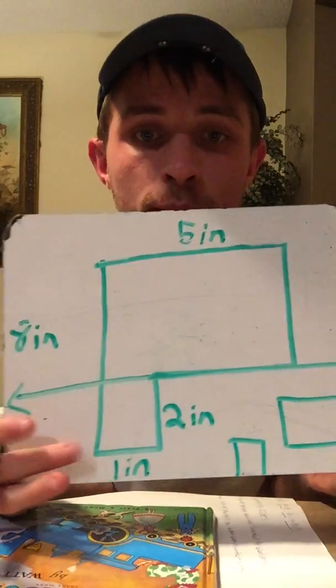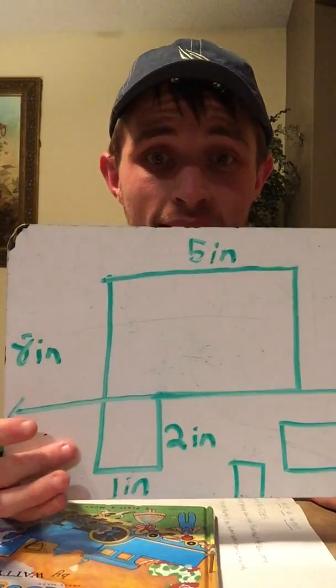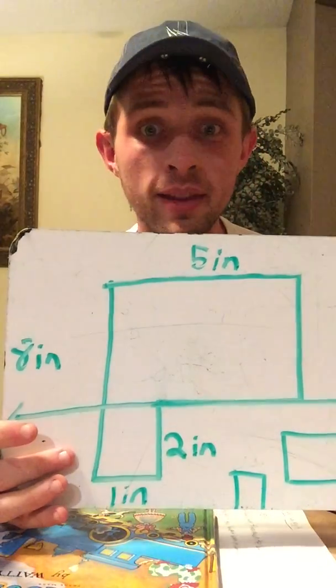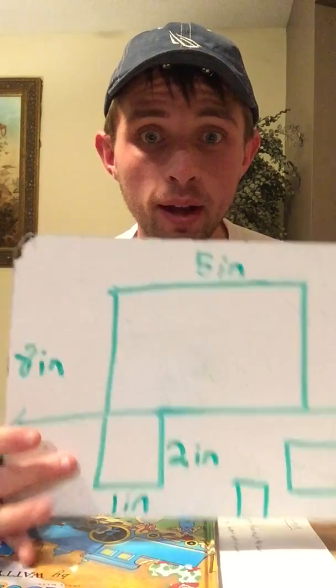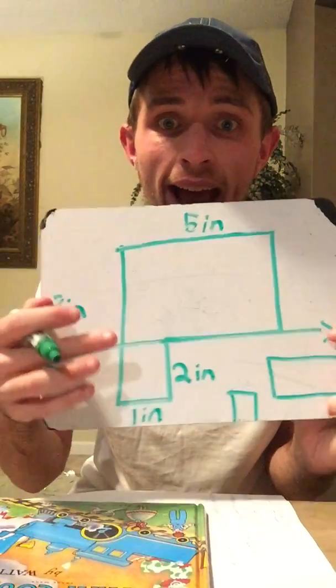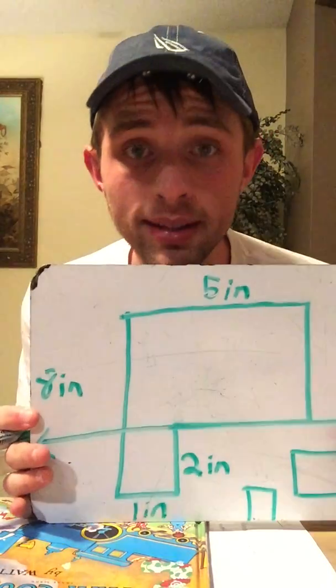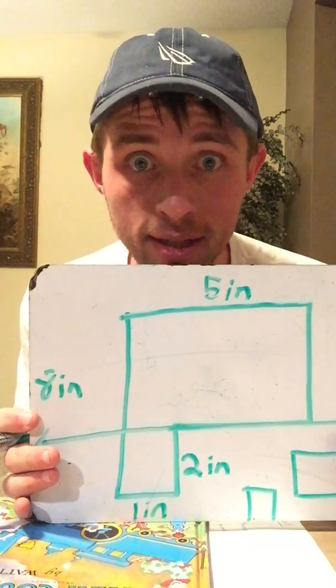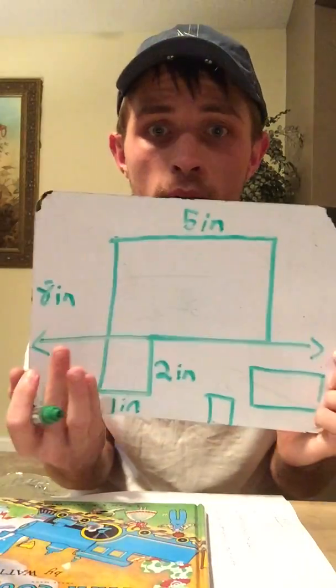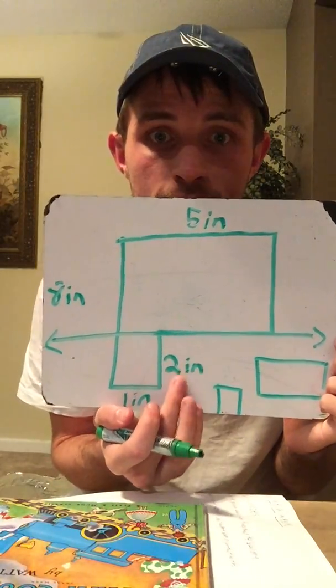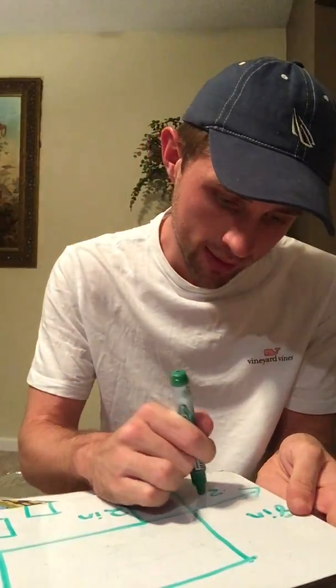I'm going to start with this one down here because I have the dimensions for both of them, don't I? Even though this is split, I have the length and I have the width. So the length is what? 2 inches. That means it's going to be 2 inches over here.